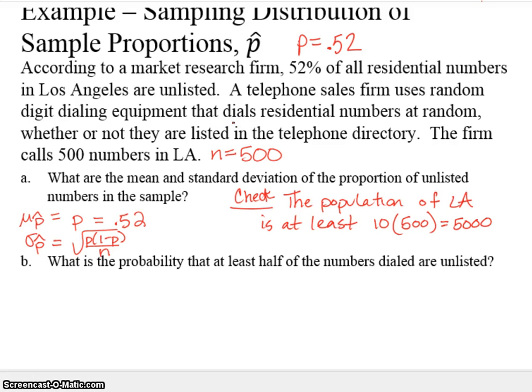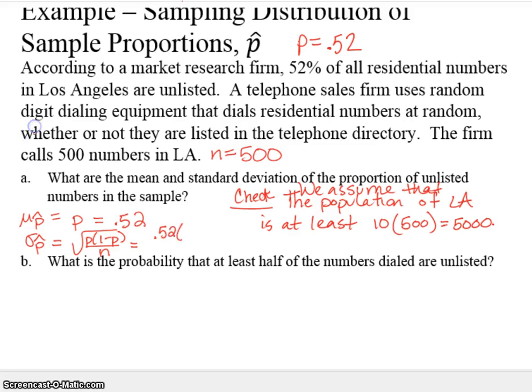Do we believe that the population of LA is at least 10 times the sample size, or at least 5,000 people? Yes, we do. We don't know for sure, but we're going to add in up here that we assume that the population of LA is at least 5,000. Okay, so we can use this formula, which is great.